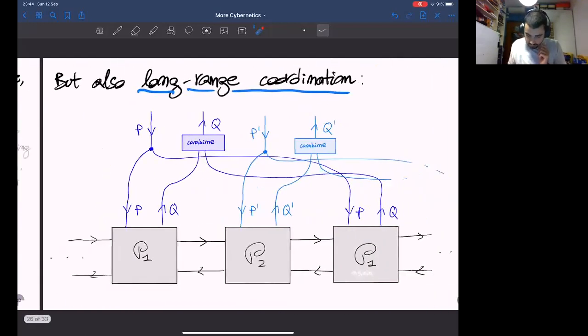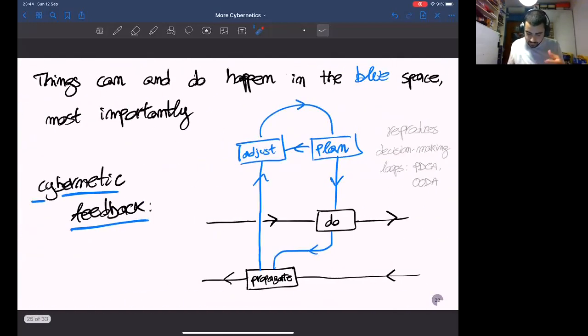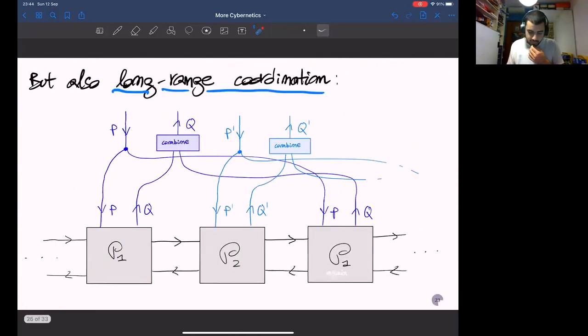And what's interesting, once we introduce these blue wires, like we had just one blue wire before, but now we add a whole new dimension of blue wires, we can do other very important things like coordinate systems across this composition. When we build systems using string diagrams and category theory, we do a lot of composites from very elementary pieces.